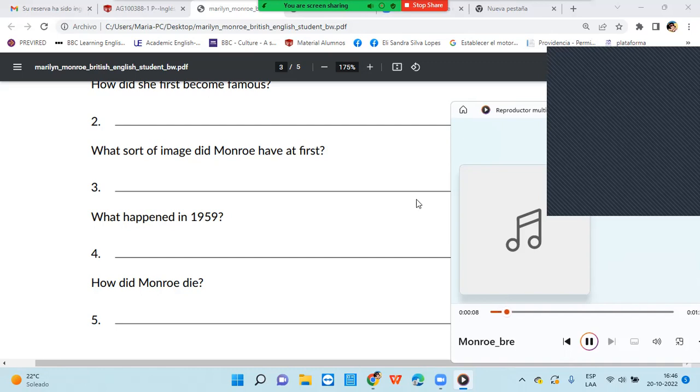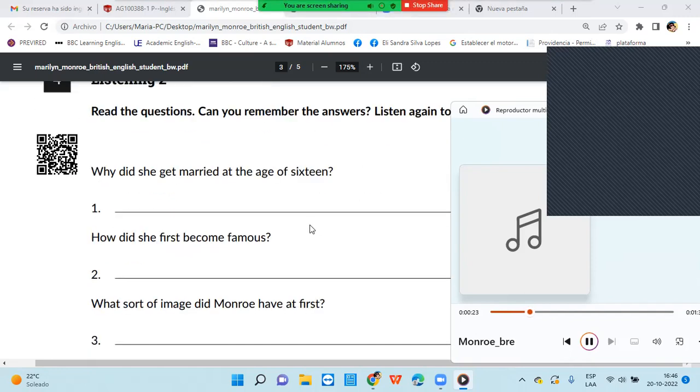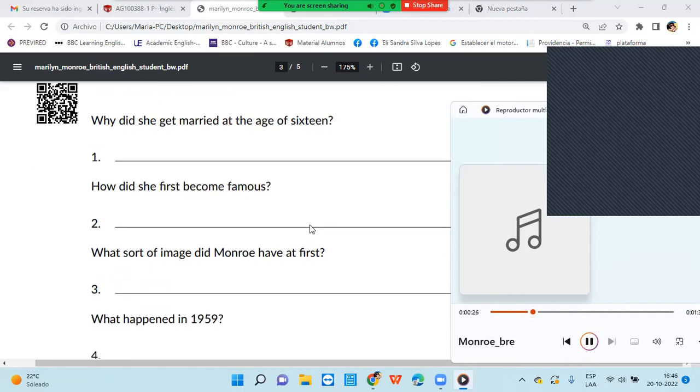Marilyn Monroe was born to a single mother in 1926 in California. Her real name was Norma Jean Baker. Her mother had mental health problems, and Norma Jean lived with 12 different foster families. When she was 16, she married a neighbor to avoid going into an orphanage. During the Second World War, men like Norma Jean's husband left home to help with the war effort, while women like Norma Jean worked in factories.